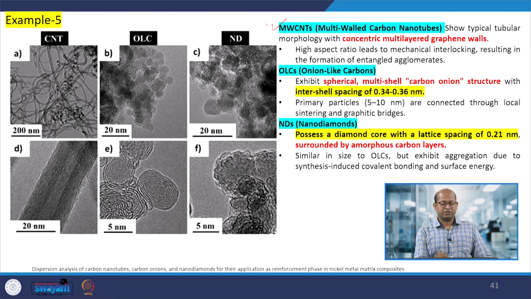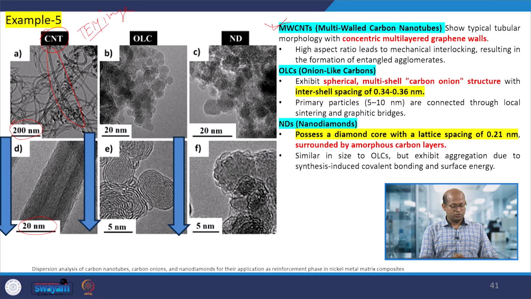Here is another example. Multi-wall carbon nanotubes were prepared, and here is the TEM image of the multi-wall CNT. The image was collected at 200 nanometers, and after that at 20 nanometers with further magnification.